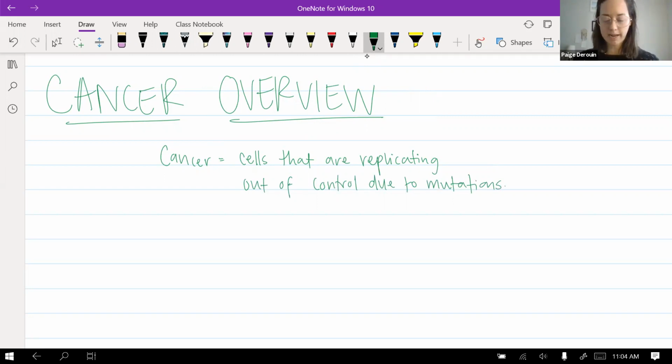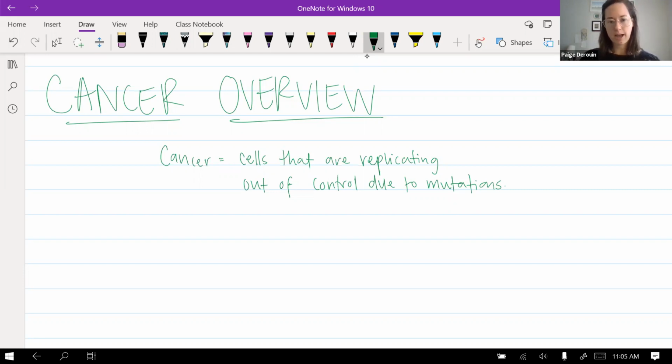Usually it takes many mutations to get to the point where someone actually has full-blown cancer because, like I said before when we were talking about G2, your cells have a lot of ways to check for mistakes, fix the mistakes, remove the damaged cell, and your body's really, really good at that. So typically to have cancer, it takes a buildup of mutations that have just kind of snuck through over time, which is why most cancers are more common in older people, because those mutations have built up.